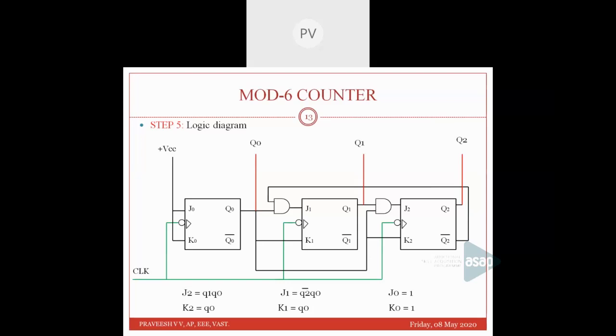Next question. She has asked how to design an up and down counter. To design an up and down counter is a different process. Means you have to incorporate an additional input, which is the mode selection or the control input. That particular input decides whether you are counting in the up direction or in the down direction.